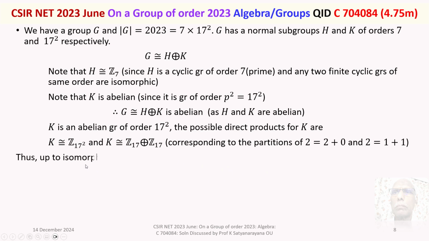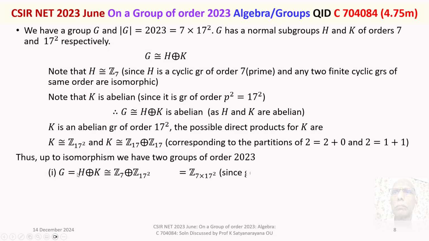Now, thus, up to isomorphism, we have two groups of order 2023. In the above, every group of order 2023 is abelian. That is true. Up to isomorphism, how many groups of order 2023 are there? Two groups. What are they? First, G is isomorphic to Z7 ⊕ Z17 square.